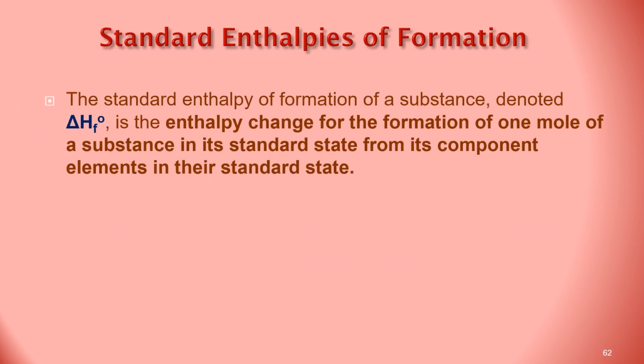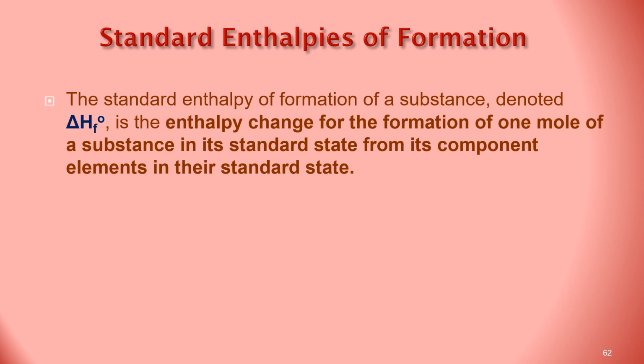And then after taking lots of different reactions and analyzing them, we're able to tabulate the delta H naught sub F, which stands for the standard enthalpy of formation. In other words, it is how much energy it takes to make 1 mole of the compound in question from the component elements in their standard state.